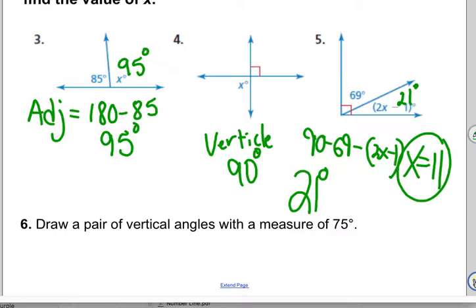You're right. Okay, so this is a right angle, so it has to equal 90 degrees. So you do 90 minus 69, and then minus 2x minus 1. Well, x equals 11, because you'd add opposite, you know what I mean?